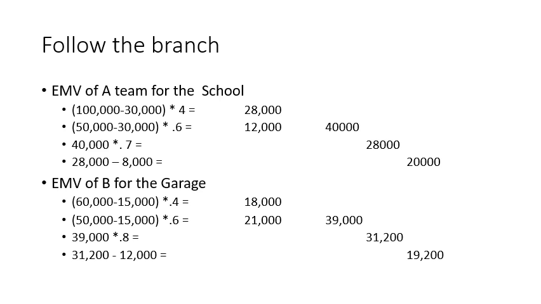So either way, these are the values that we come up with. Obviously, based upon straight EMV, as we discussed, 20,000, we would take the EMV of the A team and do the school. If we had to make a choice for one versus the other, with the garage we're looking at an EMV of 19,200. Again, the choice gets to be up to you.